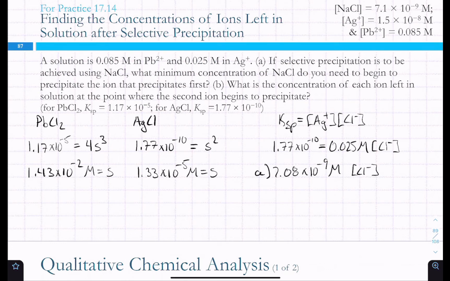What is the concentration of each ion left in solution at the point where the second ion begins to precipitate? So how can we figure out how much chloride we need to precipitate lead? It's almost exactly the same thing we just did.